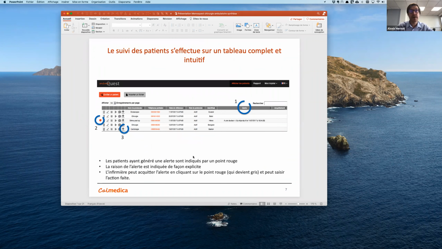And the summary is displayed on a page like this one, where you have a red spot on the left-hand side of the patient to know there is an alert. You have to look at the alert. So yes, all text messages are brought back on our servers and on the internet, on the application for the users. I hope that answers the question.